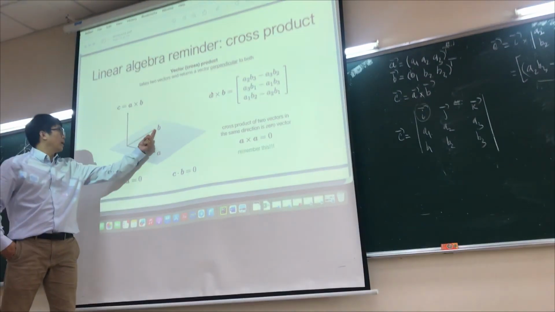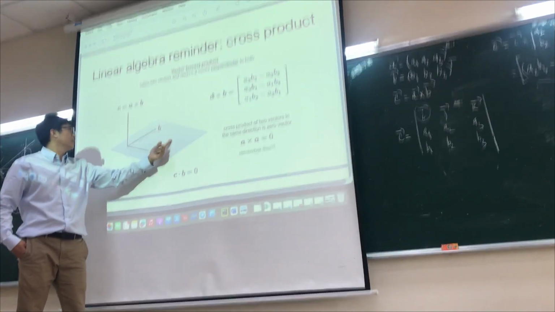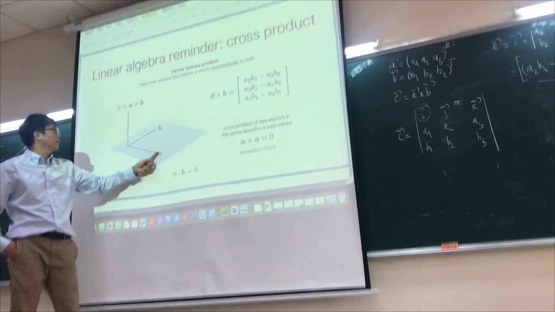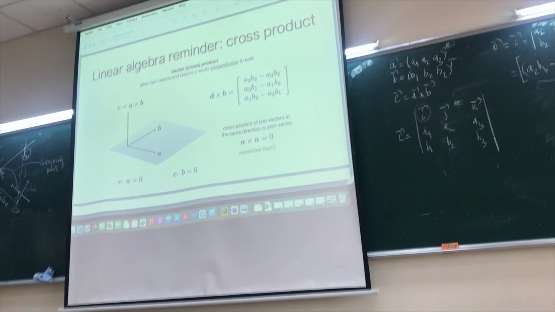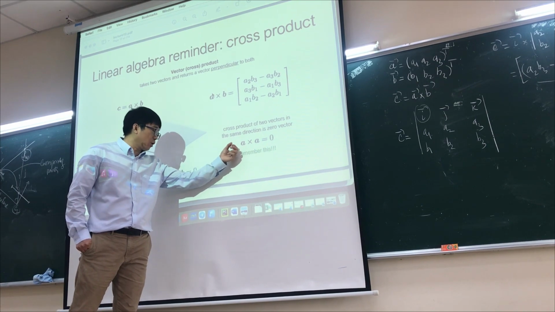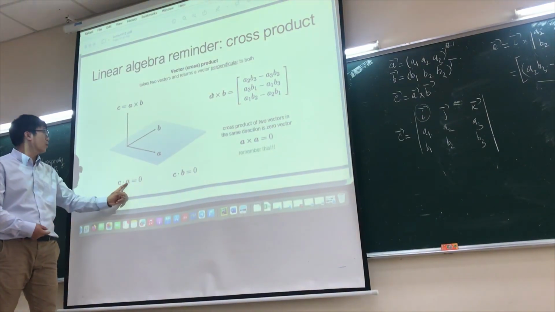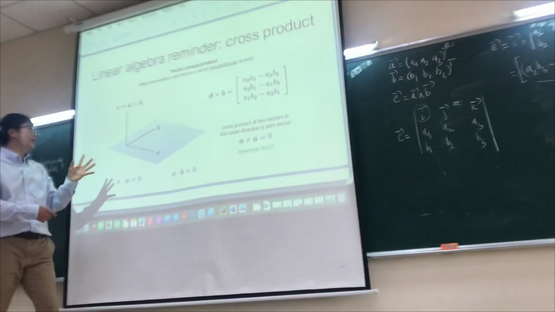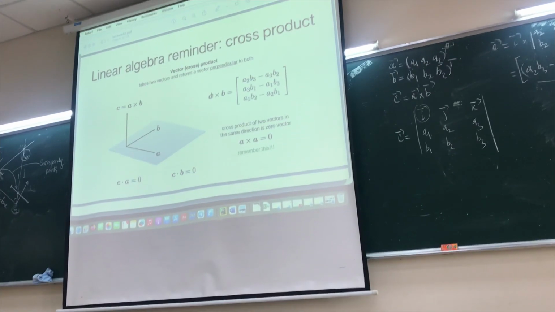And remember, I also want to review that the magnitude of this vector equals the area of the parallelogram, right? Also A cross A, the cross product of a vector with itself, equals 0. And C dot A, C dot B equal 0. Why do they have to be this way? Because next you have to use it.